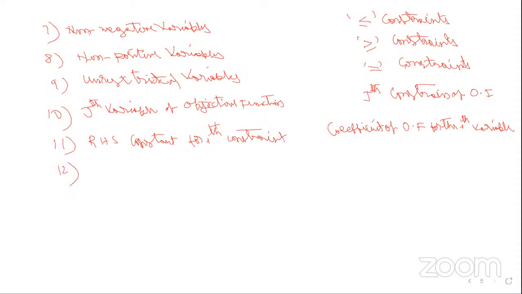Coefficient in constraint i, for variable j.